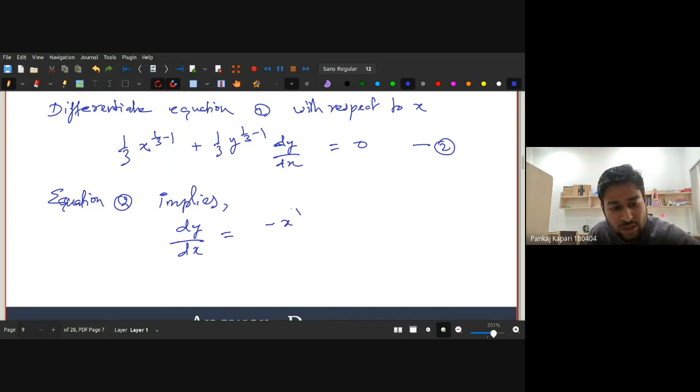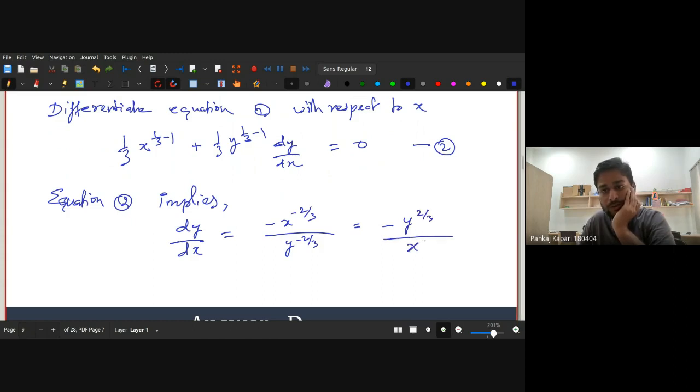It is minus 2 third, right? Initially you get minus x to the power minus 2 third divided by y to the power minus 2 third. Okay, but if you further simplify it, this is just minus y to the power 2 third divided by x to the power 2 third.